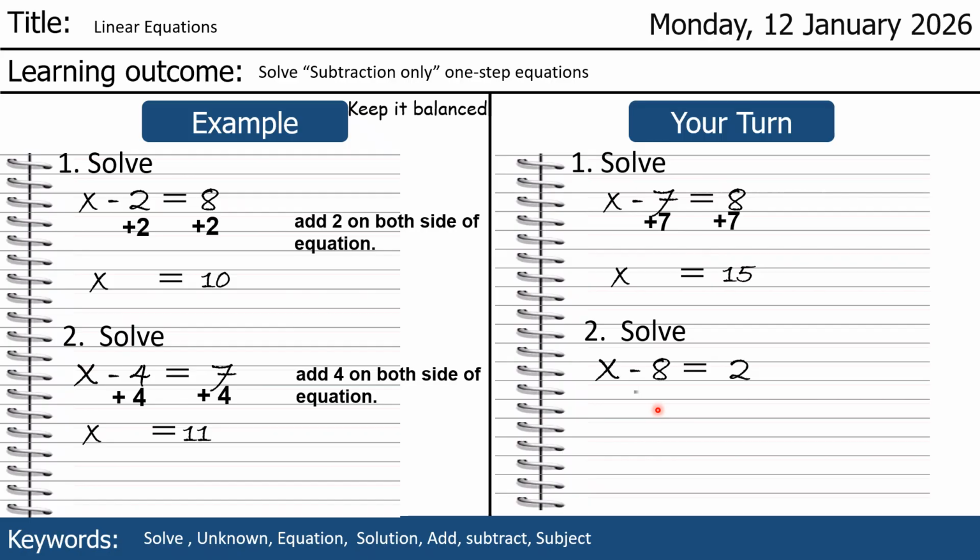So we add 8 to the left hand side of the equation, and we add 8 to the right hand side of the equation as well. Therefore, x will be equal to 10. So let's look at some more questions.